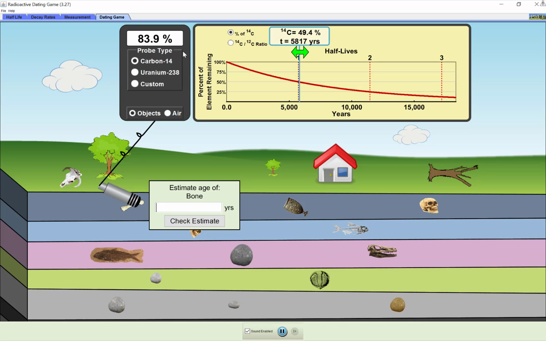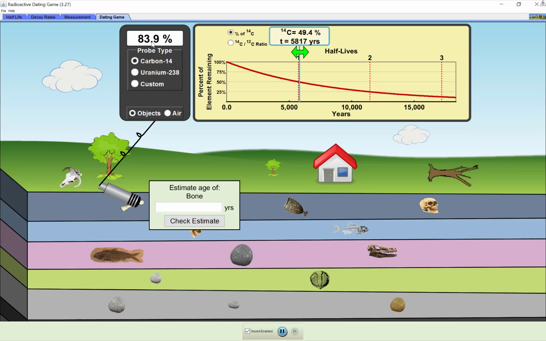Now, in the last activity you guys did, or worksheet, we did a very simple form of radiometric dating. If we know how many half-lives it's been through exactly, we can figure out how old it is by just taking the number of half-lives times the length of a half-life. However, the chances of it being an exact number of half-lives is pretty slim.